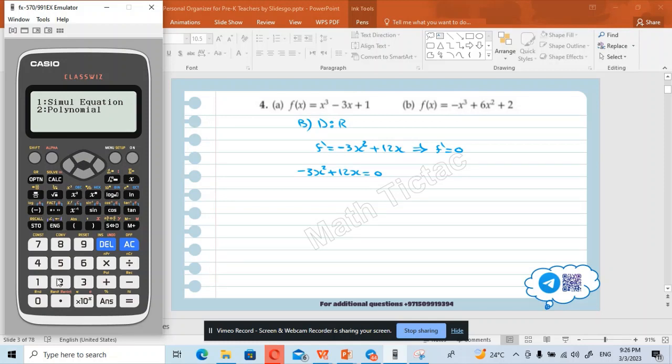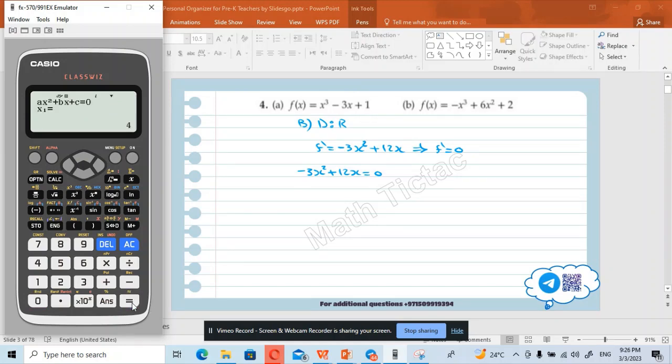After that you will choose 2, which is polynomial. Then you will select the degree of the polynomial. In here, the highest degree is 2, so the degree will be 2. Then they are asking you to put the coefficients. The coefficient of x squared is minus 3, then the coefficient of x is 12, and there is no constant over here, which means it's 0.